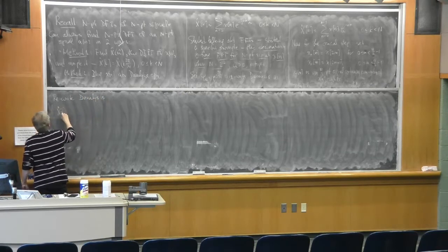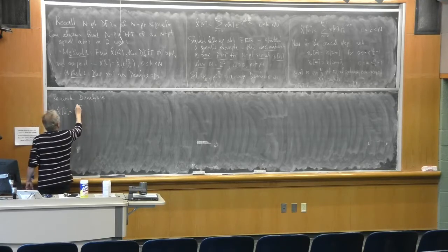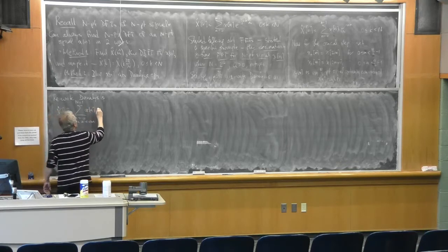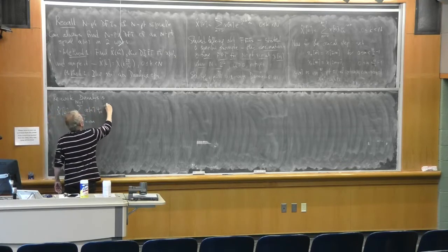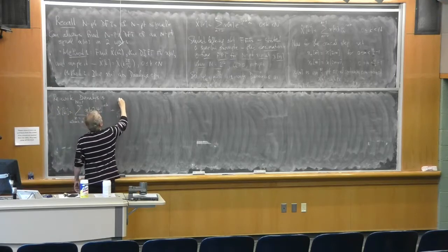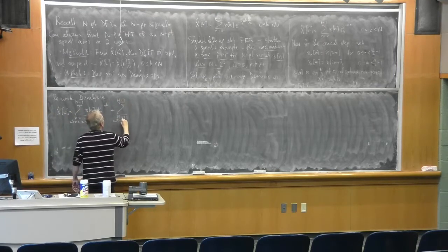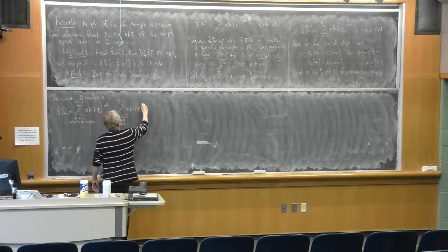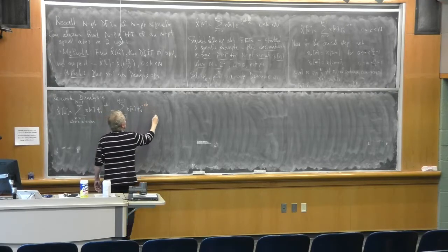X hat of k equals the sum from n equals 0 to n minus 1, where n is even, of x of n, psi sub n to the minus nk, plus the rest of the terms, which is the sum from n equals 0 to n minus 1, where n is odd, x of n, psi sub n to the minus nk.